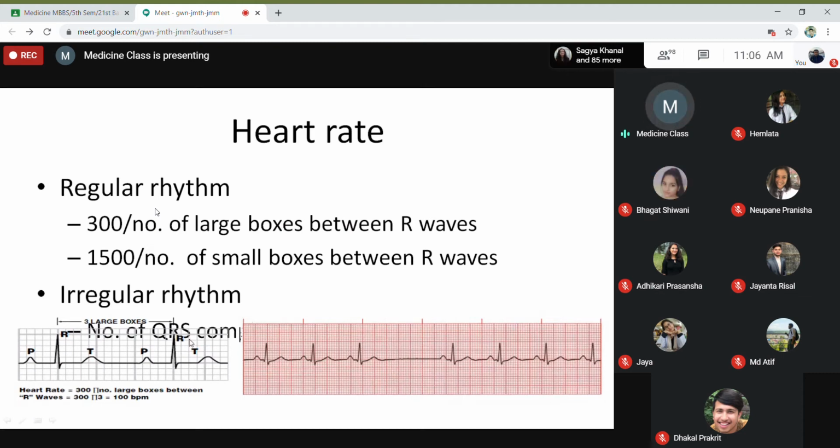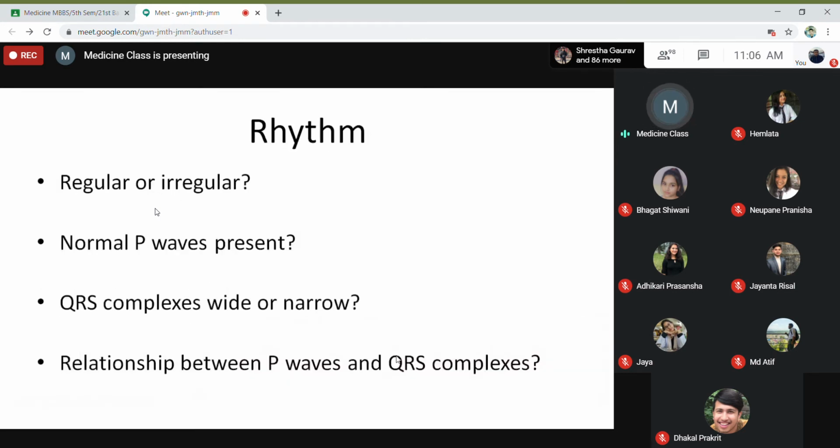So in irregular rhythms, you count the number of QRS complexes in either a 6 second or 10 second rhythm strip, and multiply by 10 in a 6 second strip, or by 6 in a 10 second rhythm strip.